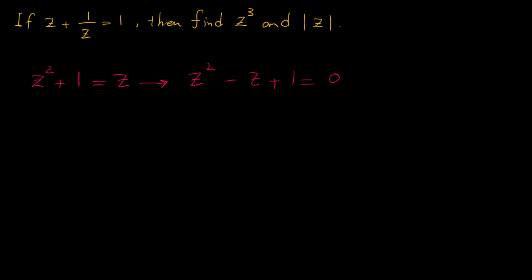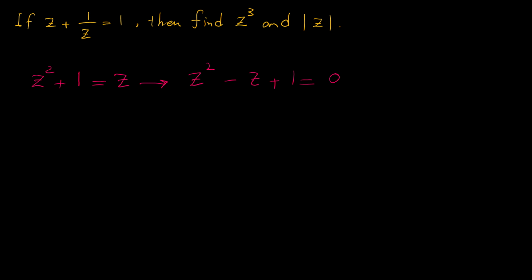But how can we find z to the 3 without finding z? Maybe you think that if we want to find z to the 3, first we need to know z, then we raise it to the 3. No, please pay attention.